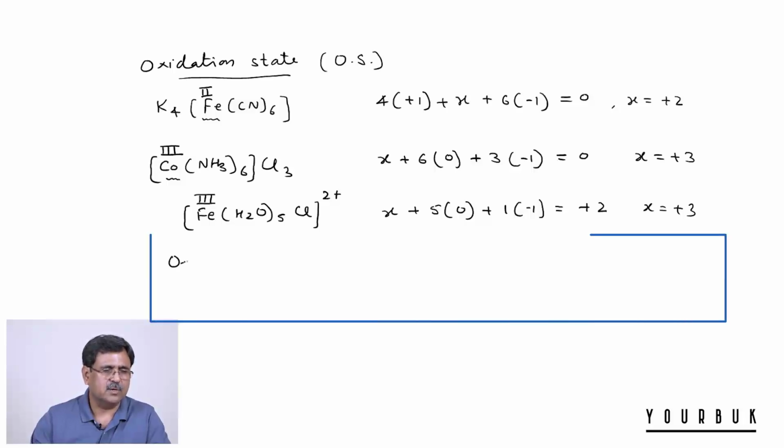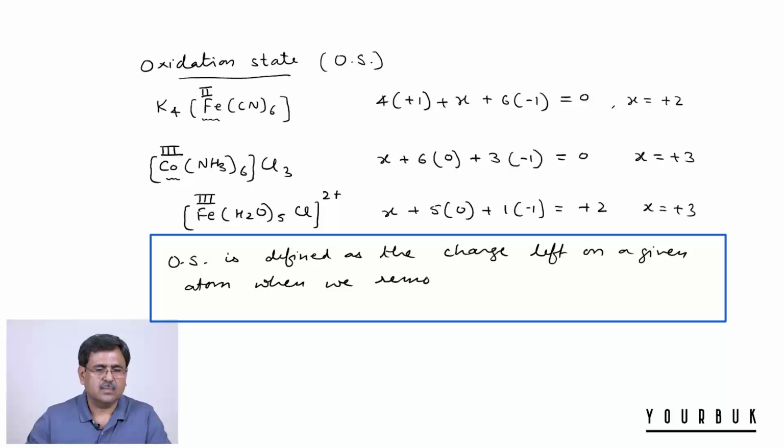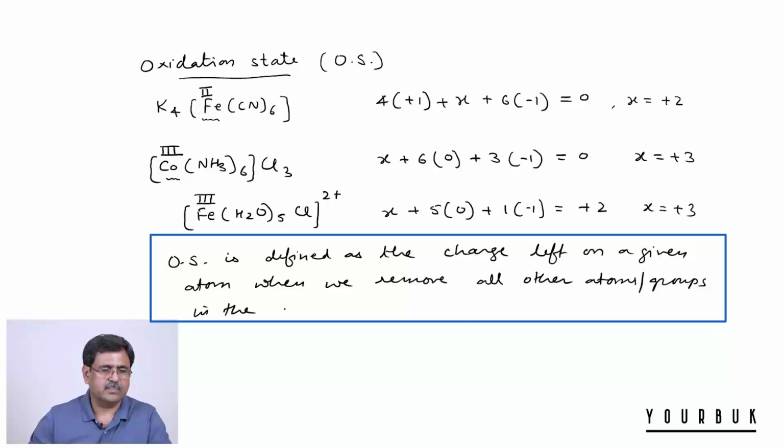So oxidation state is defined as the charge left on the given atom when we remove all other atoms or groups in the form of ions.